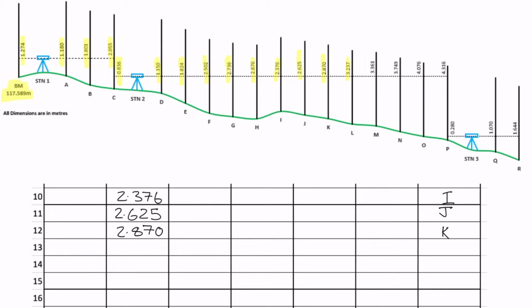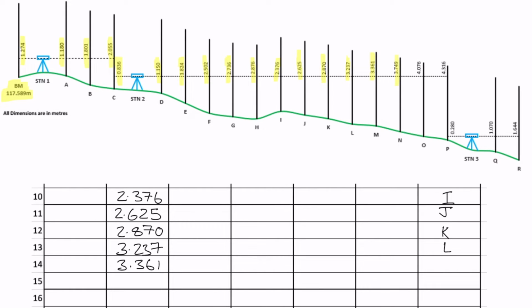Point L, its value is 3.237, also an intermediate. Next one is point M, 3.361, also an intermediate.